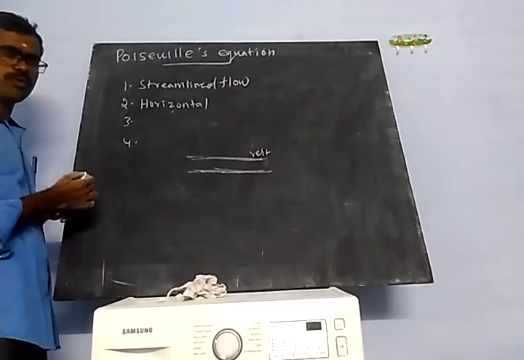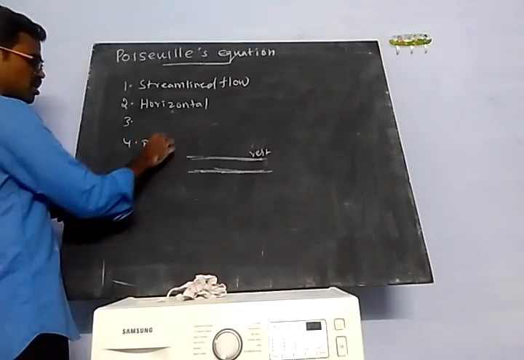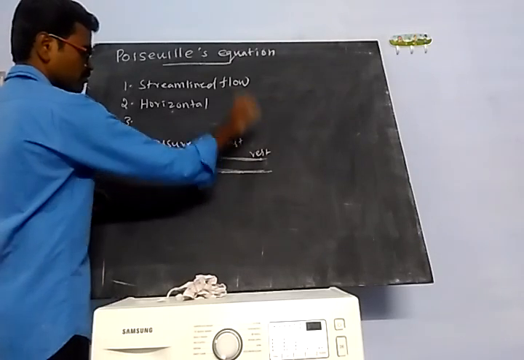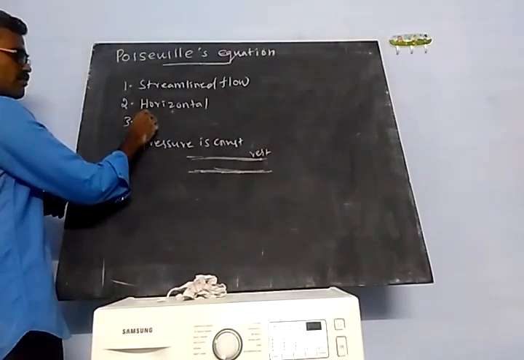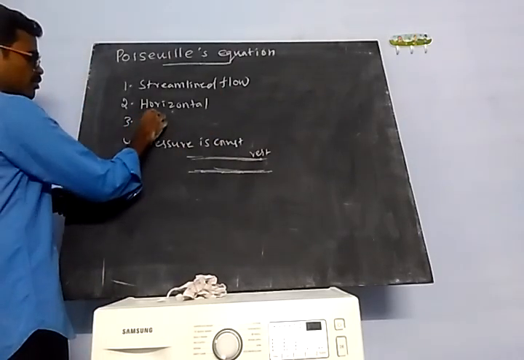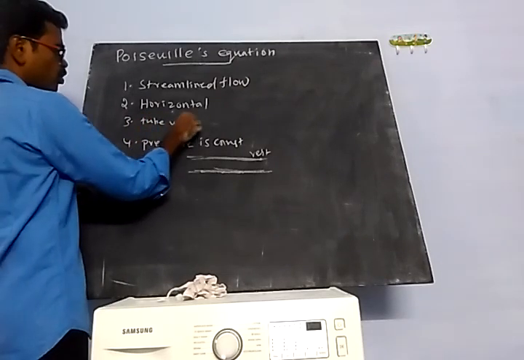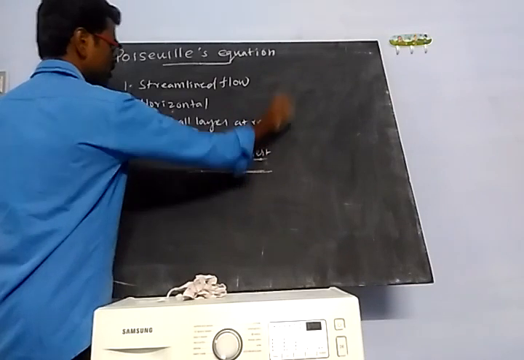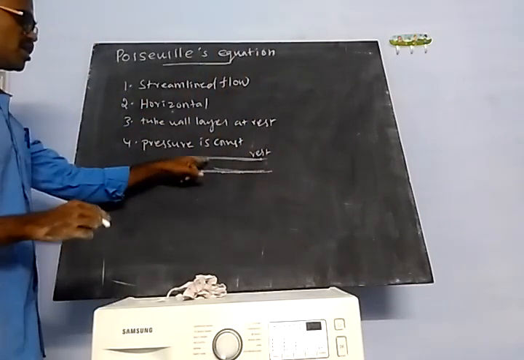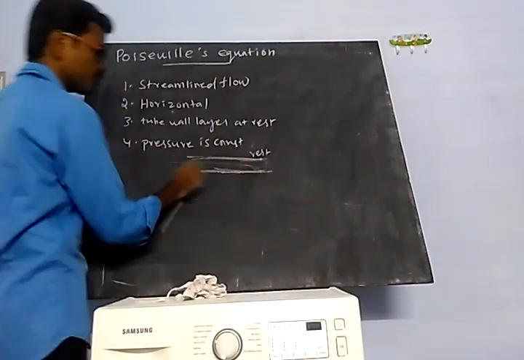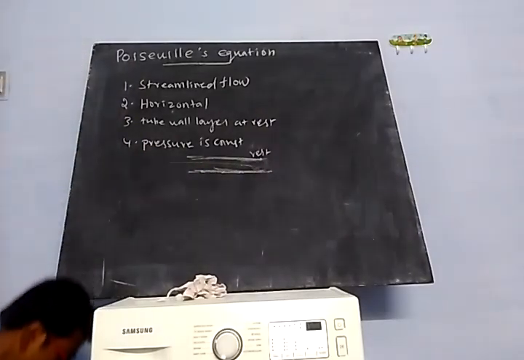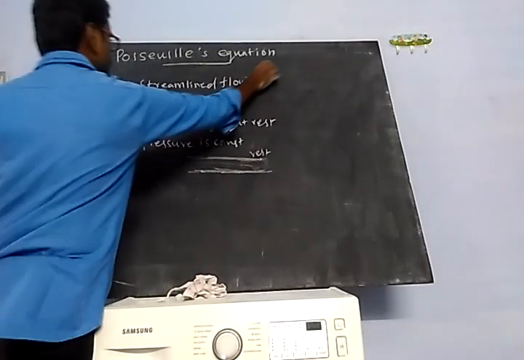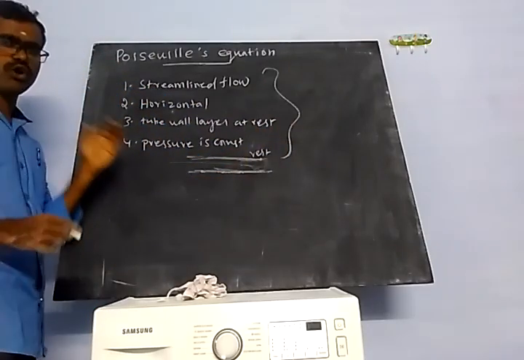And fourth point, pressure is constant for the whole tube. So if you take any one point, the pressure must be constant. So these conditions must be followed.